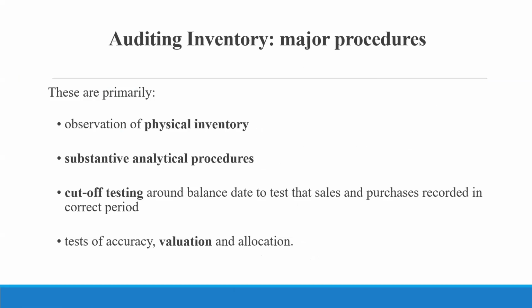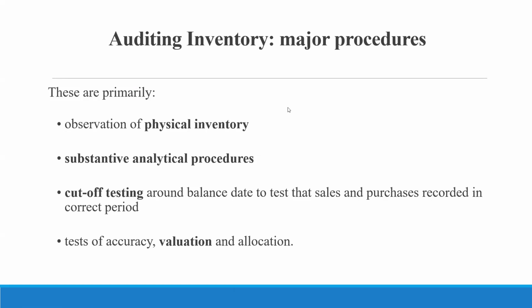Let's have a quick look at how we do the auditing of inventory. Remember, our assumption is that we have done a lot of inventory auditing in the sales and purchase procedures. Here we predominantly focus on the inventory itself in accounting and the physical inventory items. When auditing inventory, we predominantly start from observation.